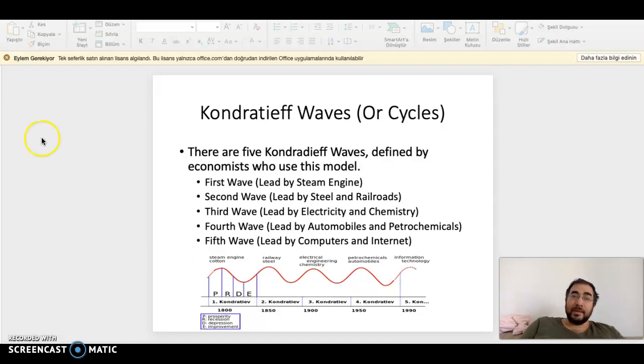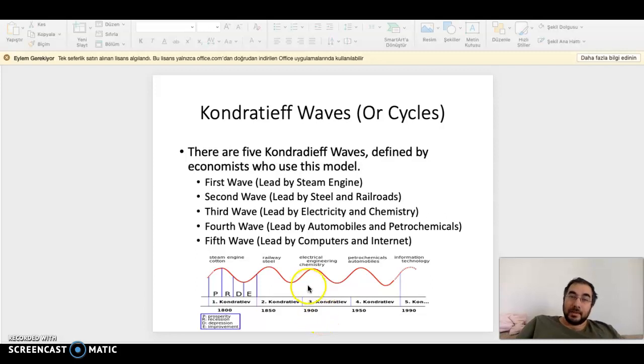The second wave is led by steel technology and the railway. The steam engine was still effective, especially in the railway case.